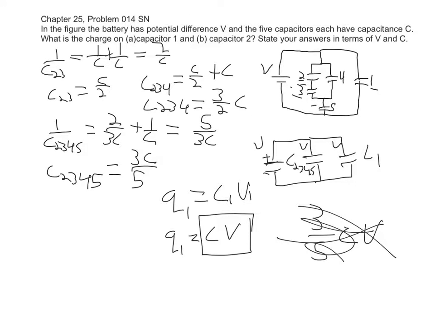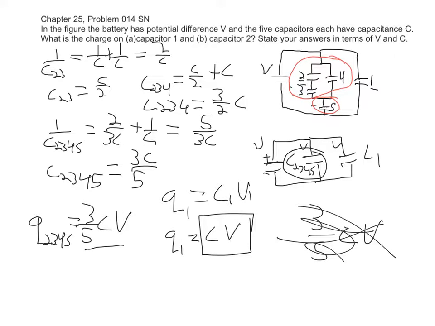So for example, the charge Q2345 would be equal to the capacitance, 3/5 C, multiplied by the voltage, which is the entire V, across that whole unit. So this whole unit, dealt with as one capacitor, has a total charge of 3/5 C times V. If we look back up here at our original circuit, we can observe that capacitor 5 is in series with 3, 2, and 4.